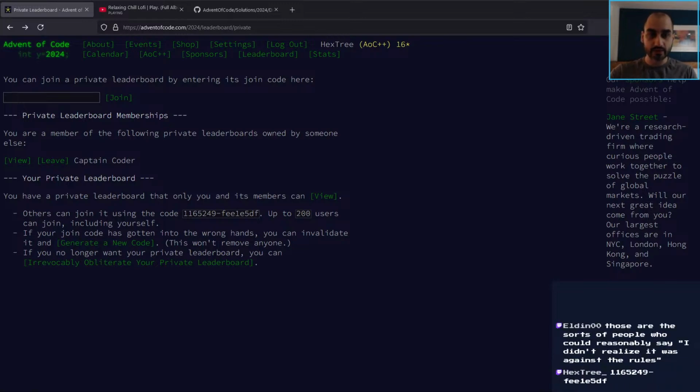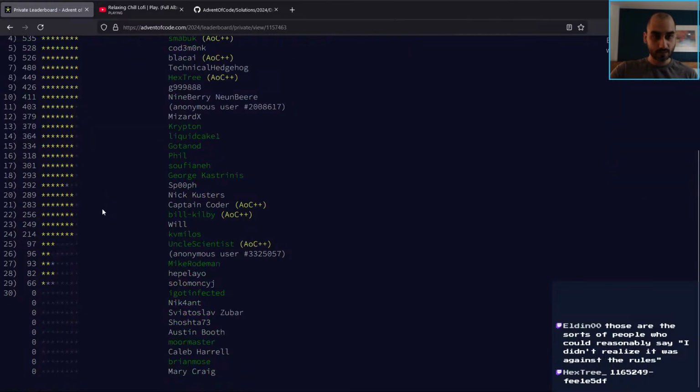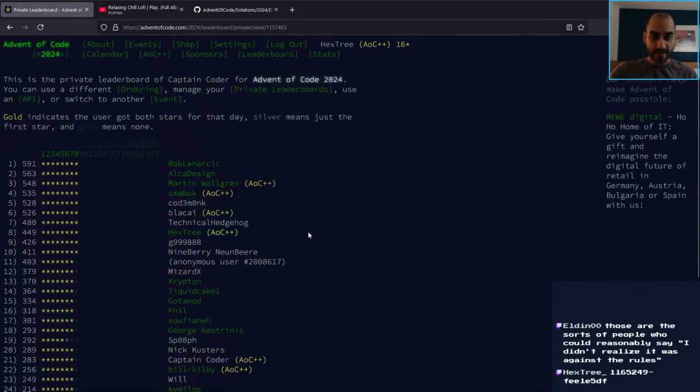That's my leaderboard. But then there's another one I do recommend, which is Captain Coder's. Captain Coder is a computer science educator who does a daily stream for these. And that's Captain Coder's leaderboard as well. And he's got an active Discord. I don't have a Discord myself. I'm not interested in having one.